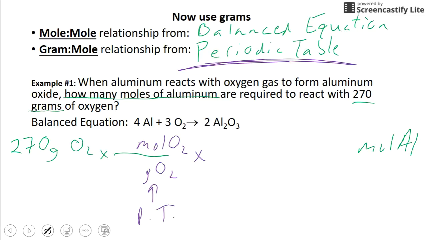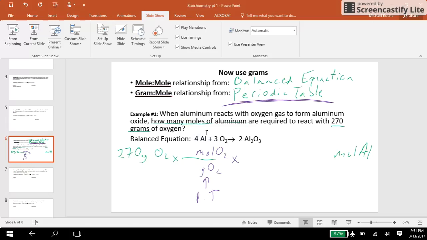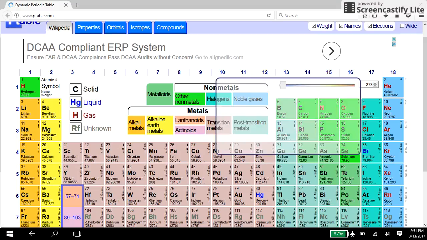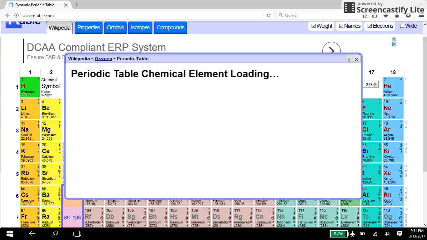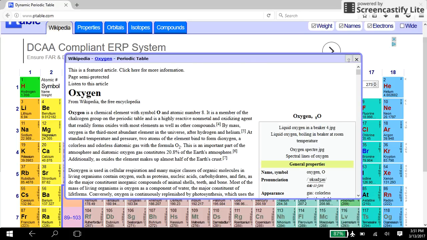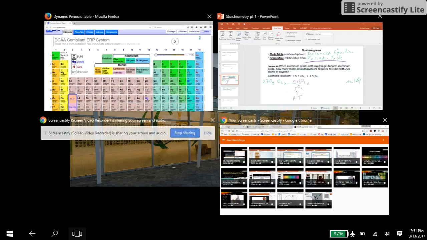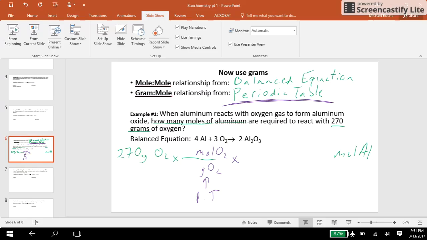And if you look on the periodic table, you will see that oxygen is right here, and it weighs 15.999, so it's going to be 16 per.